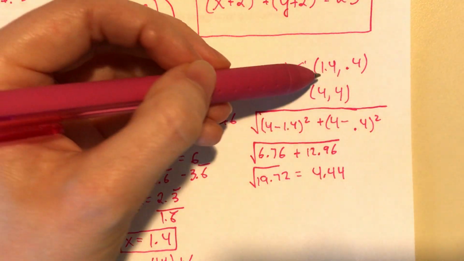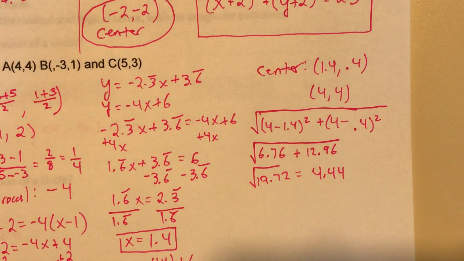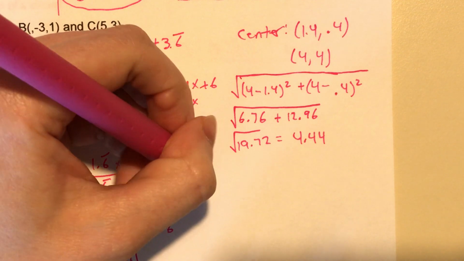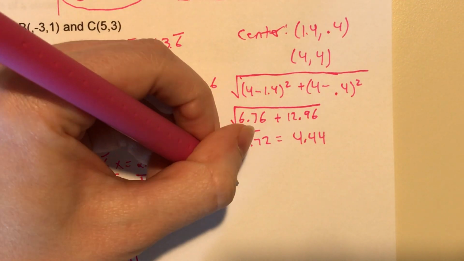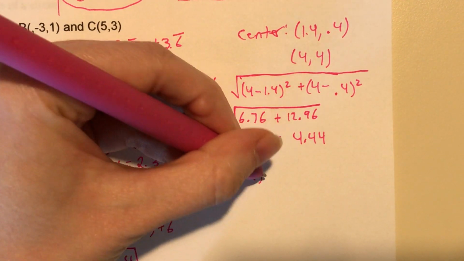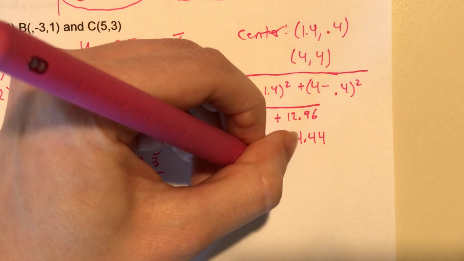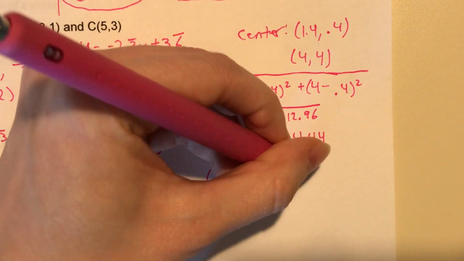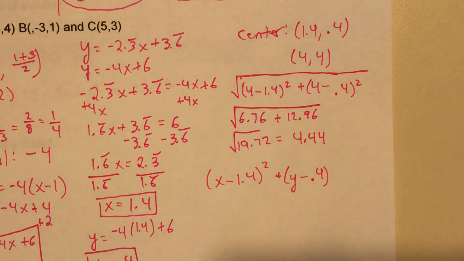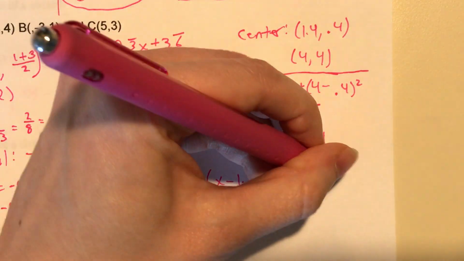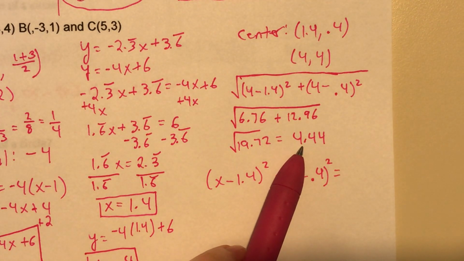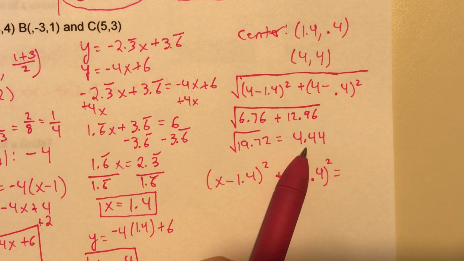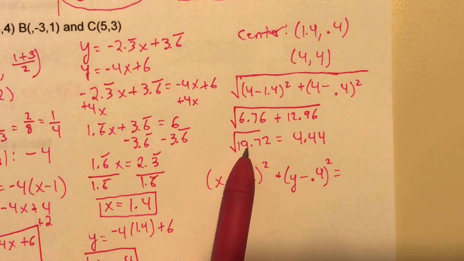We've got the center, we've got the radius, we can make the equation. So we've got the equation, x minus 1.4, the x-coordinate, squared, plus y minus 0.4, the y-coordinate of the center, squared, equals the radius squared. So 4.44 squared, just look backwards in your work and you know what it is.